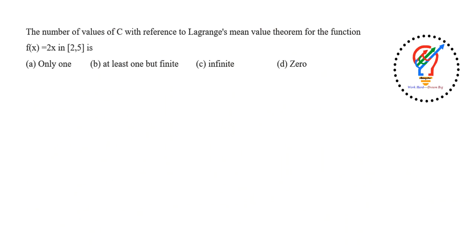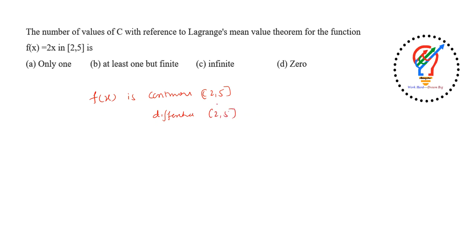The number of values of c with reference to Lagrange's mean value theorem for the function f of x equal to 2x in the interval 2 comma 5 is. Now, from Lagrange's mean value theorem, f of x is continuous in the interval 2 comma 5 and differentiable within the interval 2 comma 5.